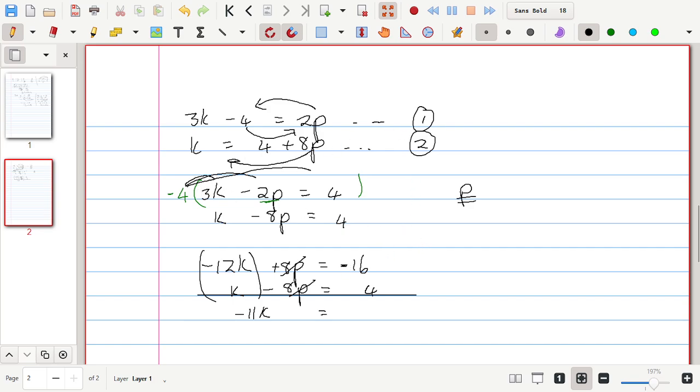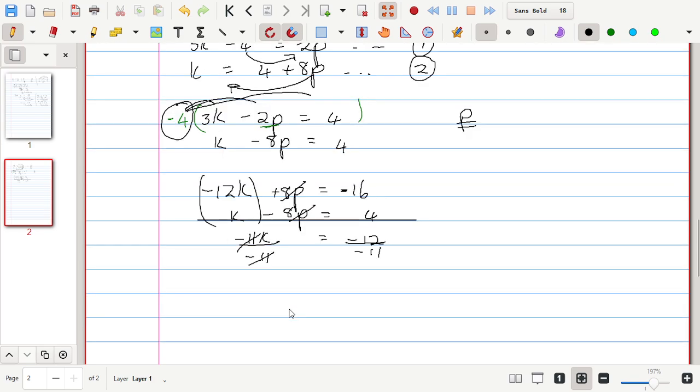This should be minus 16 because we multiplied minus 4 by 4. So minus 16 plus 4 is going to give us minus 12. Now we could divide both sides by minus 11. This is going to cancel that. Excuse my terrible handwriting. k will be equal to positive 12 over 11.